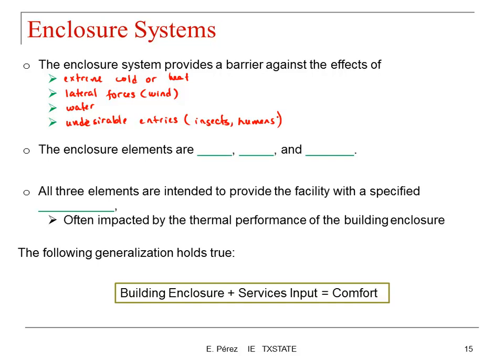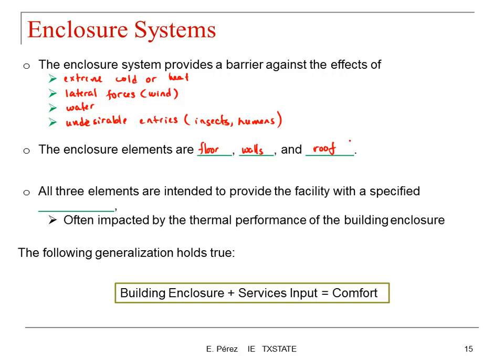And these are very easy to identify. Most of the time we have three types of elements: the floor, the walls, and the roof. Those are the elements that are going to be enclosed in your facility.